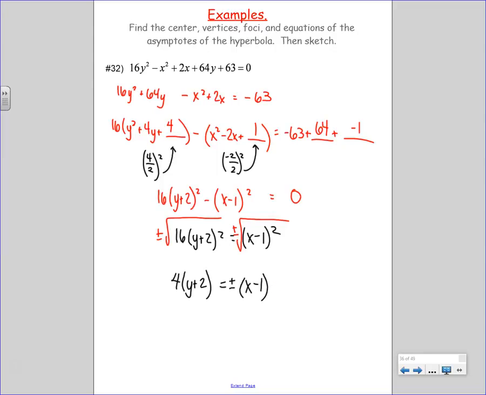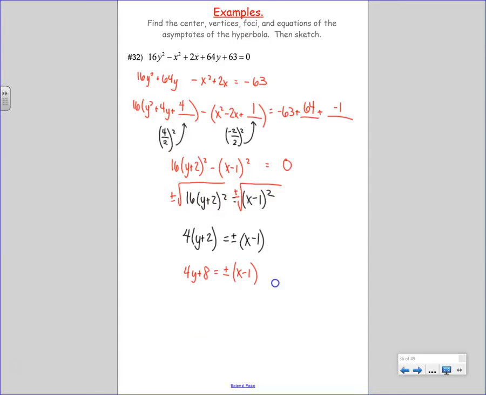And when you do all the different combinations, wait a minute, guys, what are these? They're lines.